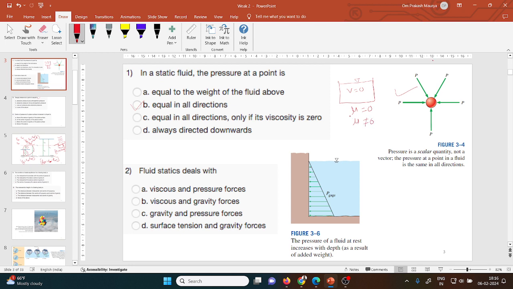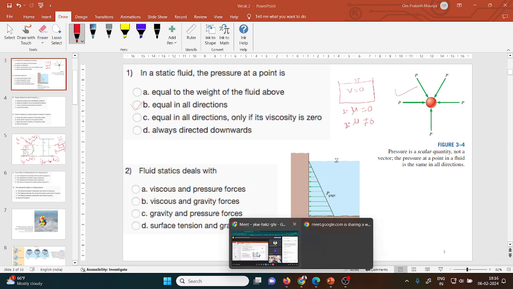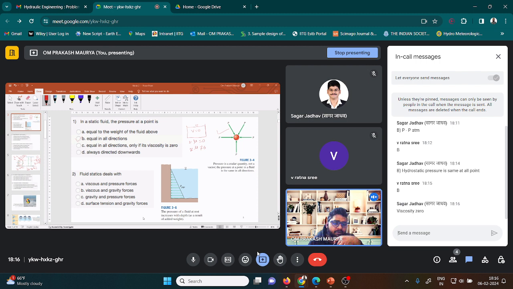So which one is correct? Here I want to put options 1 and 2, and based on that I will tell you which one is correct. If you want to tell, otherwise you can write in the comment box which one is correct.